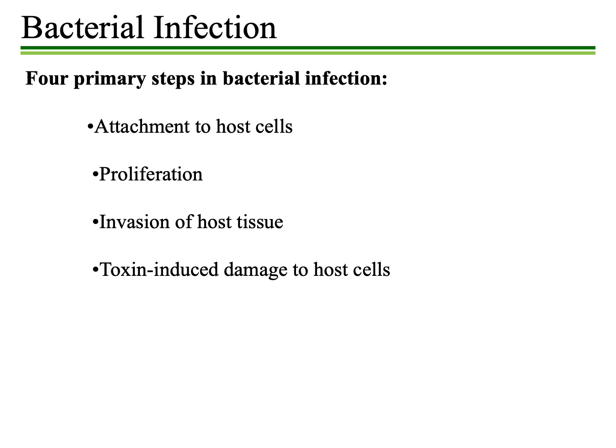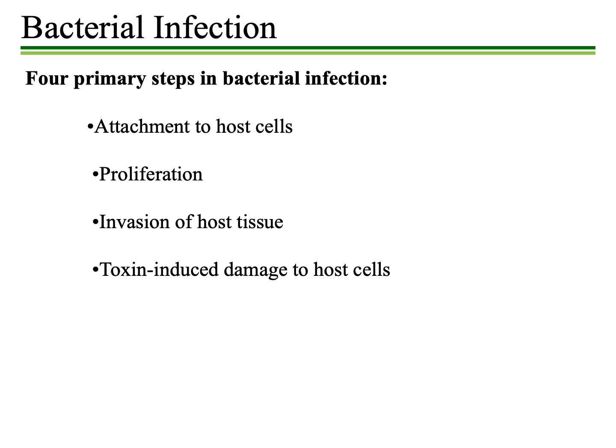These include the attachment of the pathogen to host cells, proliferation of that pathogen, invasion of the host tissue by the bacterial pathogen, and lastly, toxin-induced damage to host cells. This again allows for the infection to take place.